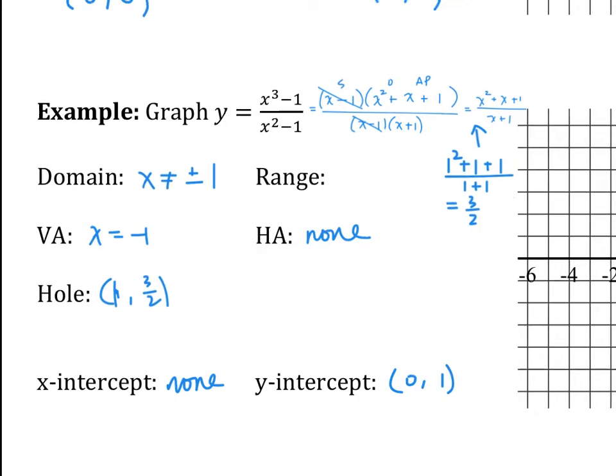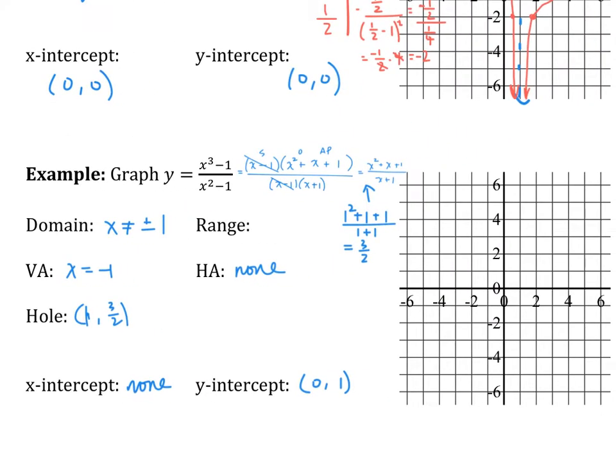All right, we got everything we need to graph. We have a vertical asymptote at x equals -1. We have a hole at 1, 3/2. We have a y-intercept at 0, 1. No horizontal asymptote.